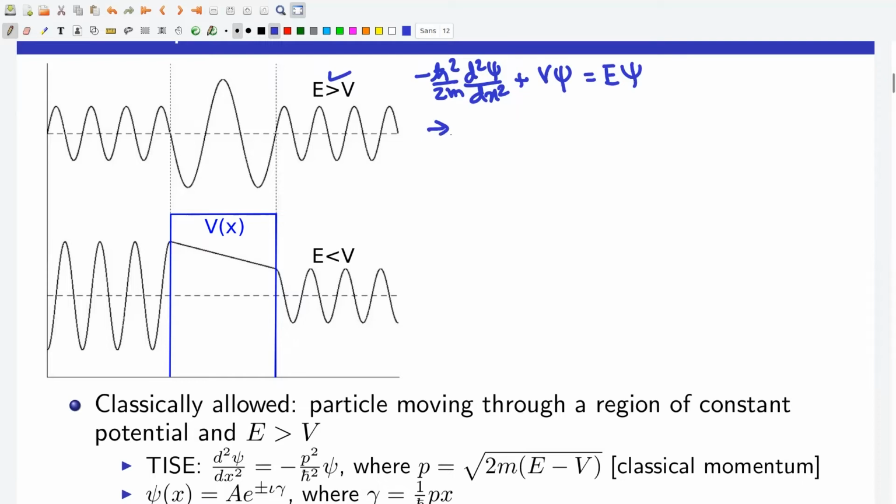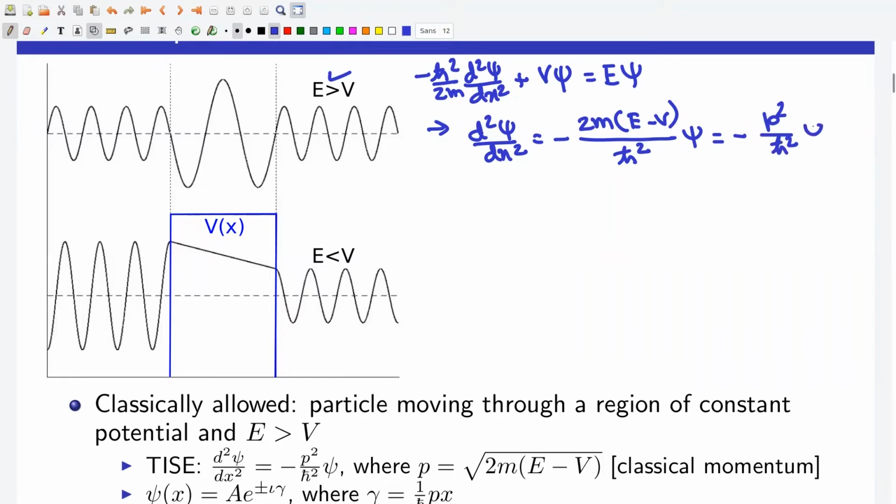Now, we rewrite the above equation as d2 psi dx square is equal to minus 2m (E minus V) divided by h cross square psi. And we write this as minus p square by h cross square psi, where p is the classical momentum.